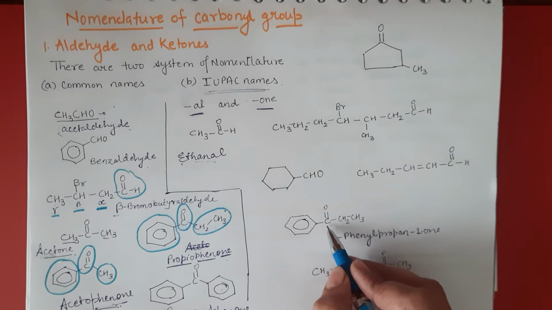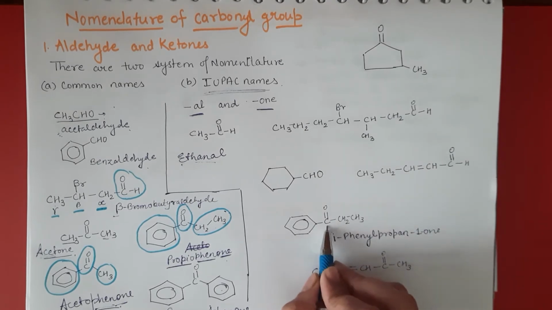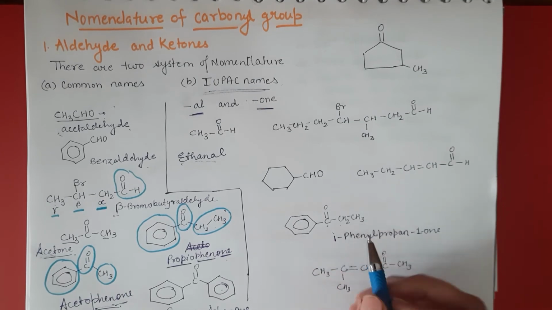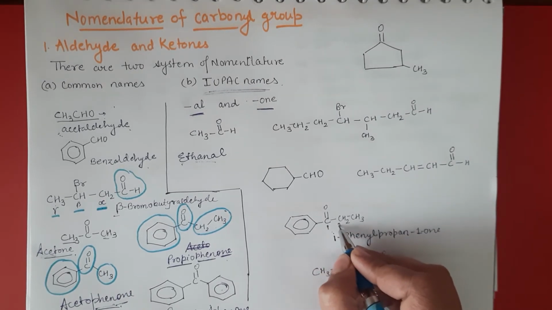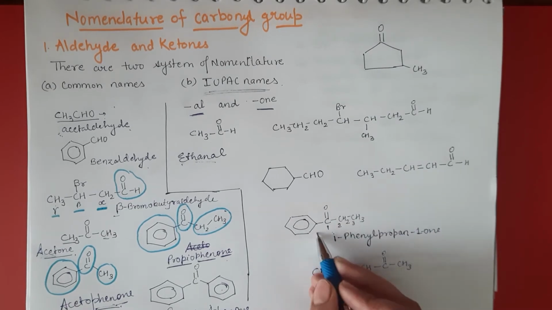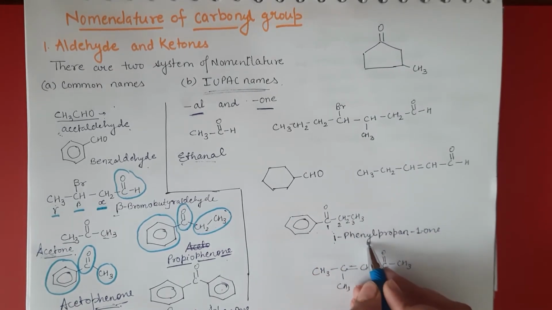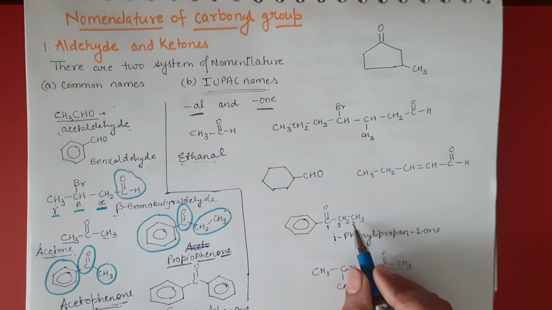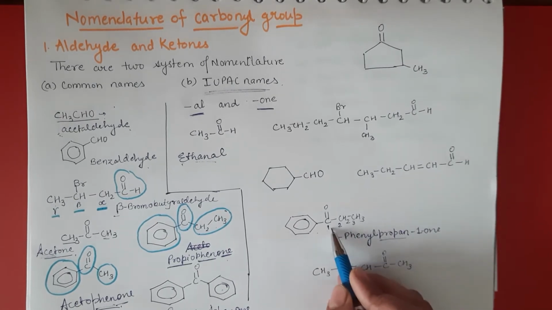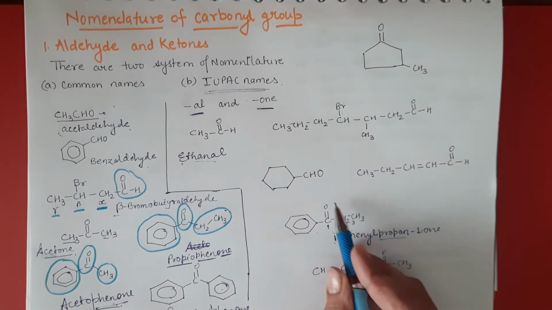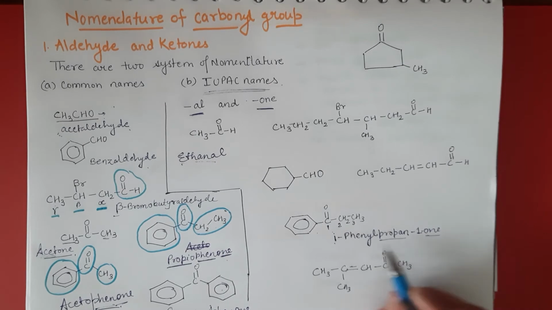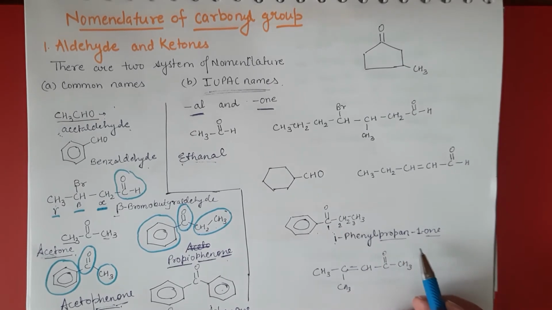Because here we write it as 1, 2, 3. So on one position a phenyl group is attached, so we write it 1-phenyl. There are 3 carbon chain, so we call it as propane, and at first position ketonic group is present, so we are writing it as 1-one. Okay, the name is 1-phenyl propane 1-one.